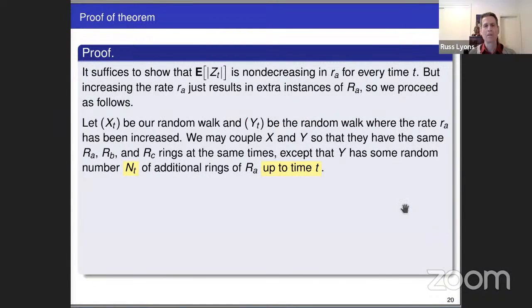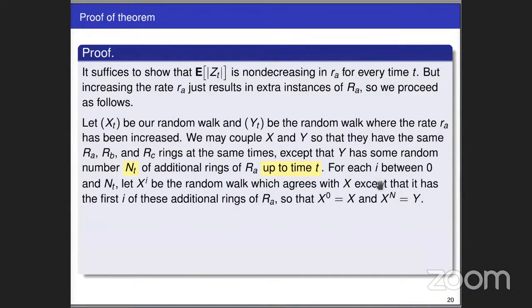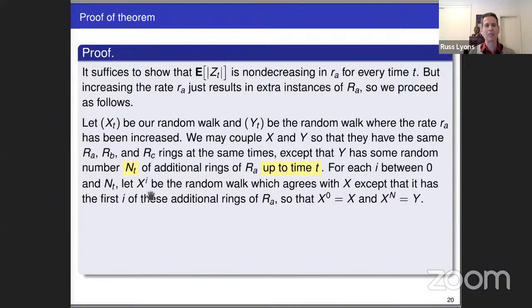Right. Okay. So Y has extra rings up to time t. I'm going to couple one at a time for each extra ring. So for each i between 0 and n_t, which is random, x superscript i will be the random walk that agrees with x, except that it has the first i of these additional rings. So x superscript 0 is x and x superscript n is y.